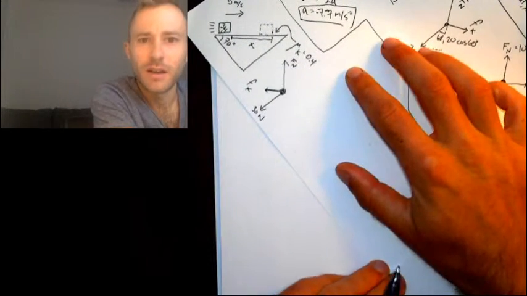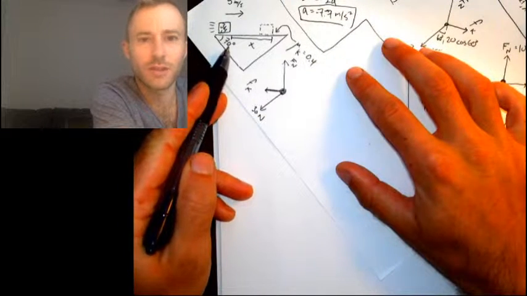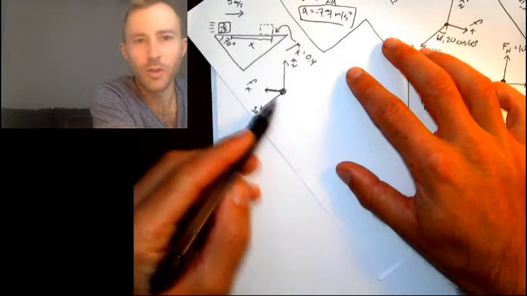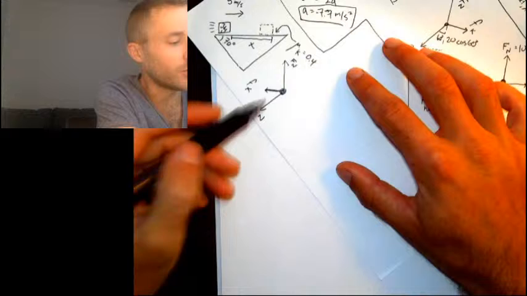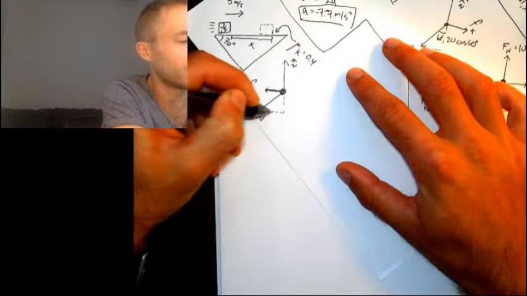And in rotating the paper, we had to rotate the paper by 70 degrees. So all the arrows got rotated by 70 degrees. In particular, the weight force got rotated by 70 degrees.